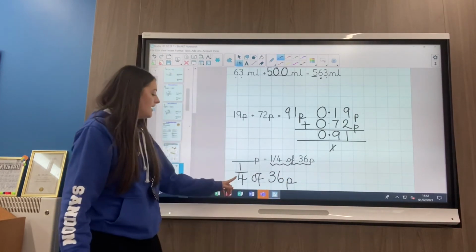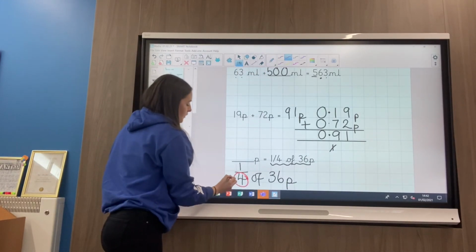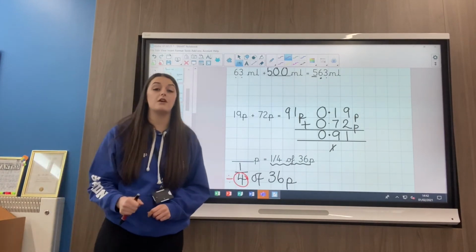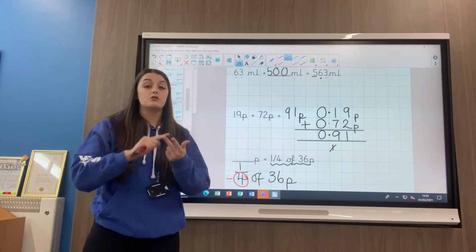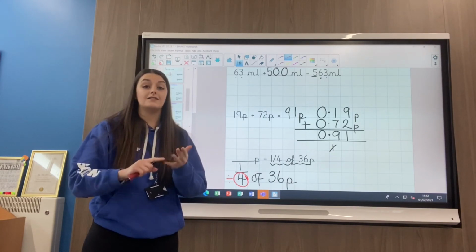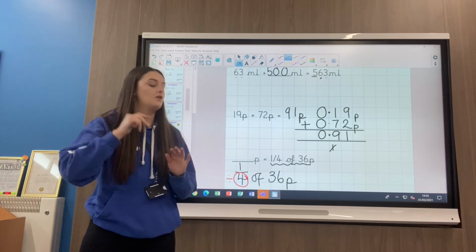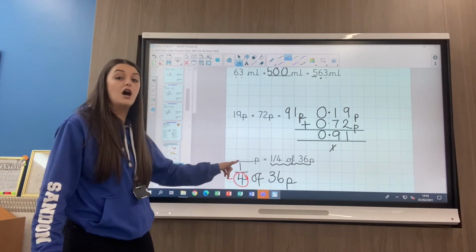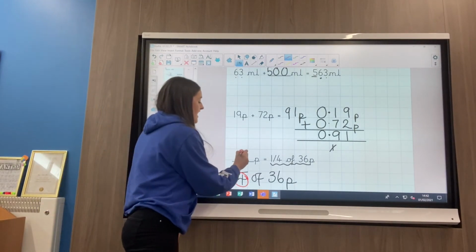So it's asking me, my denominator is for dividing, how many 4s go into 36 pence. Now we counted in our 4s earlier today. So that's 4, 8, 12, 16, 20, 24, 28, 32, 36. That's 9. And my numerator tells me I only want 1 lot because I only want a quarter. So the answer would be 9p.